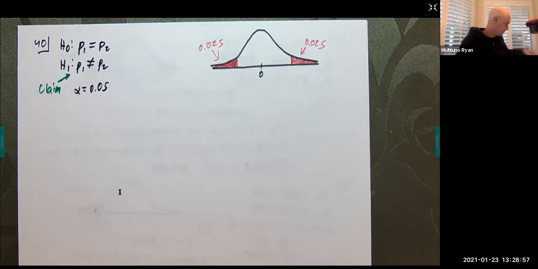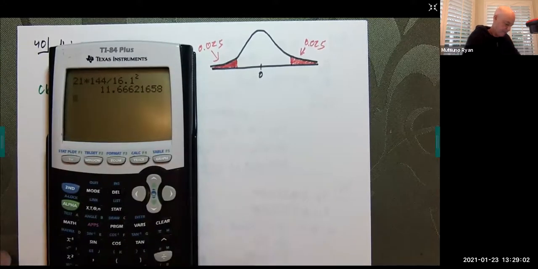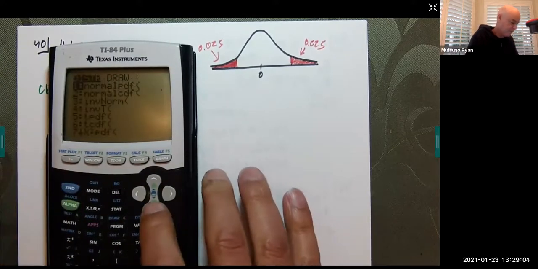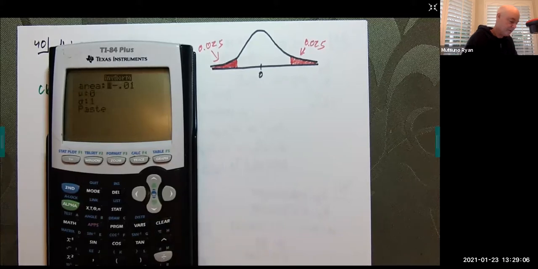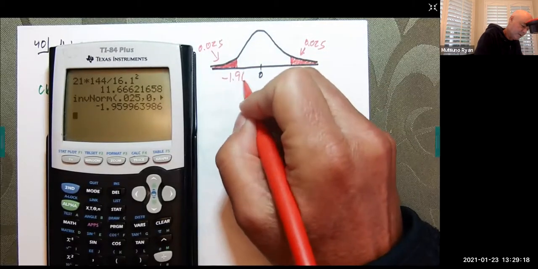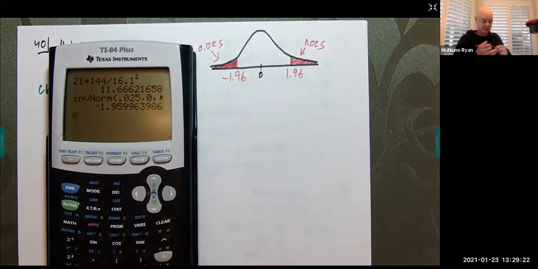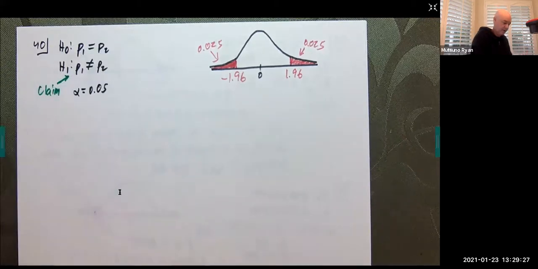And I'm going to use inverse z for this. So second distribution's inverse norm is going to be 0.025. That would be the left one. So this one would be negative 1.96, and this one will be positive 1.96. You would do inverse norm with the 1 minus 0.025 to get that. All right, now we have our zone here.